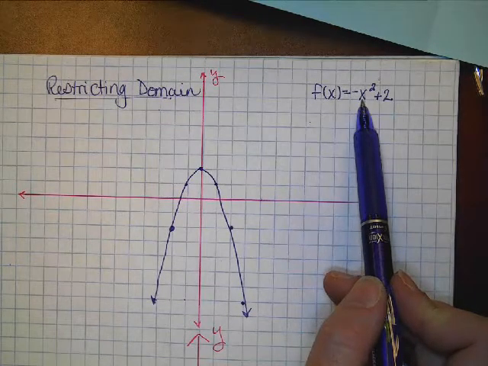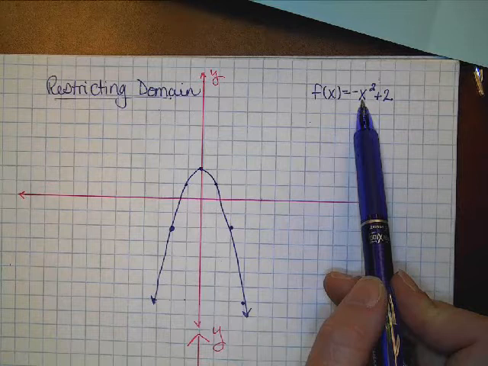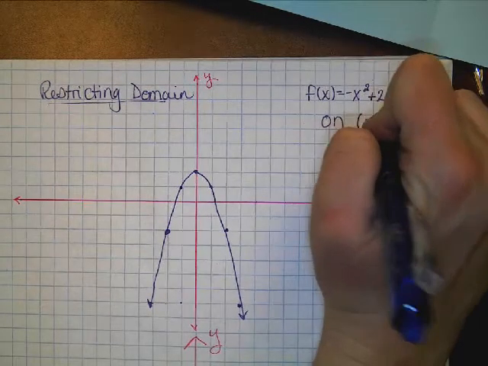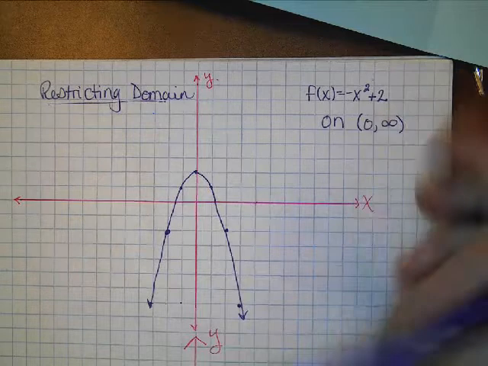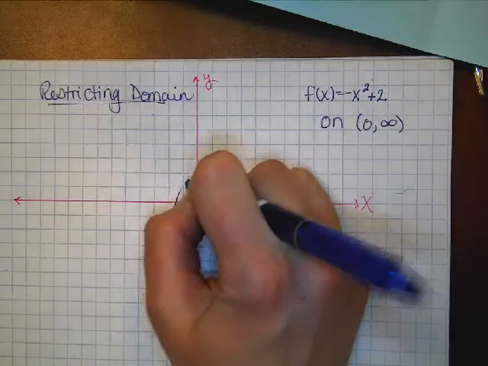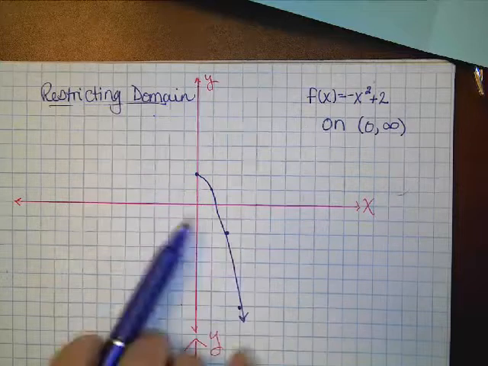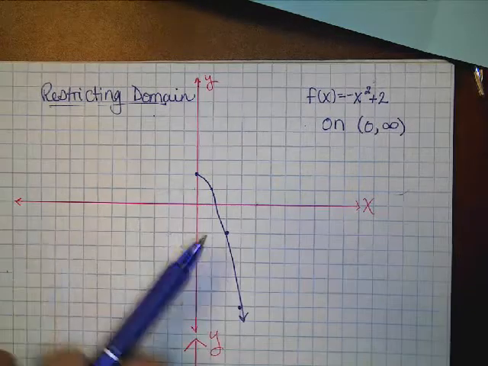So how could I make it so it does pass the horizontal line test? I can do that by restricting the domain. For this function, every output can be found by inputting any number your heart desires, but then it's not one-to-one.